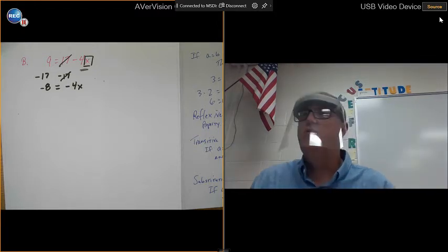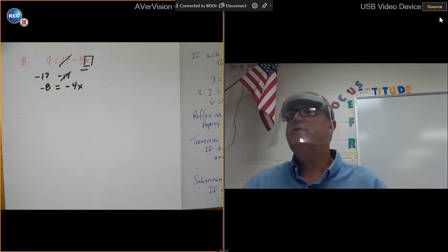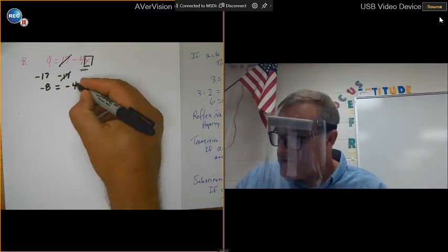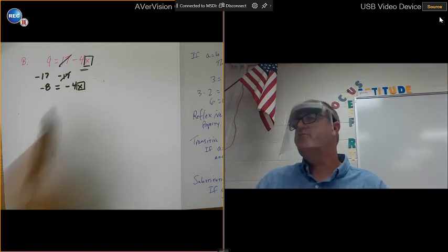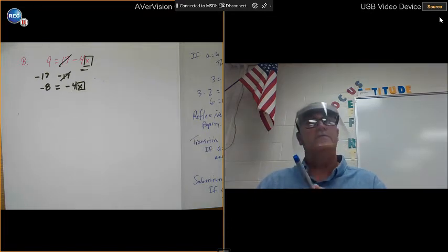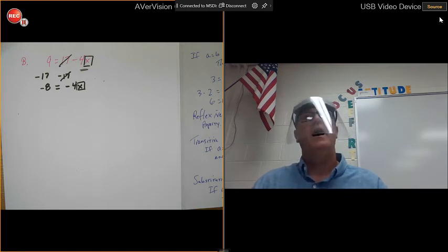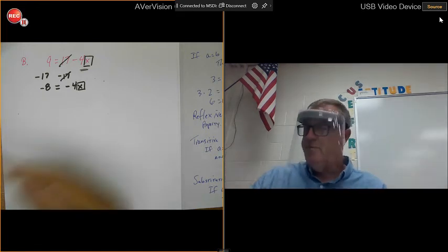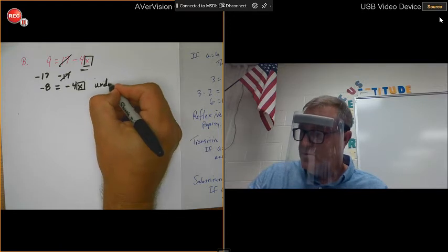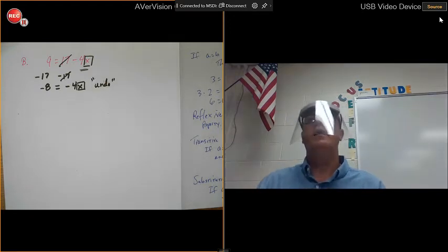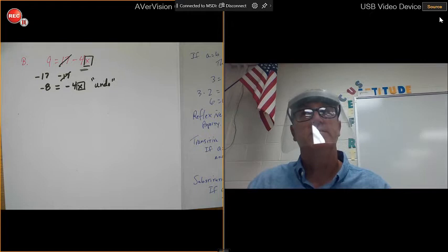We have to undo whatever they're doing, Bailey. What are they doing to our x? So right here's our x. What are they doing to it? Are they subtracting 4? No, they're not. They're multiplying by negative 4, aren't they? How do I undo that? I'm going to write that word down so you can recall it. How do you undo multiplication?